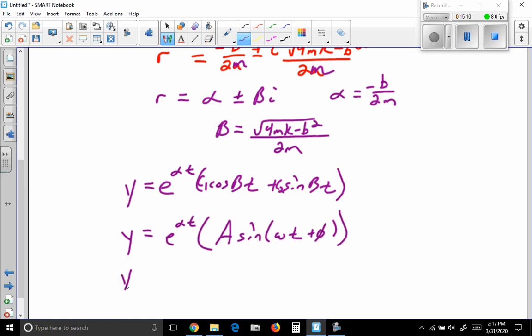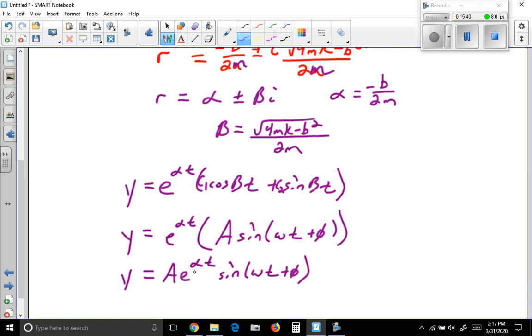So we could call this A e to the alpha t sine of omega t plus phi. Again, alpha is negative b over 2m. Now b is a positive value and m is a positive value, so a negative times a positive divided by a positive is negative, so our exponential comes out to be negative.